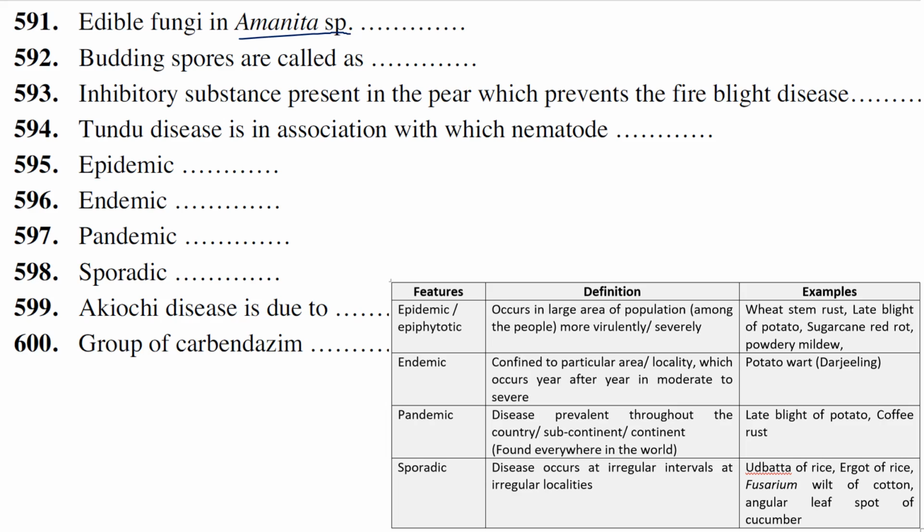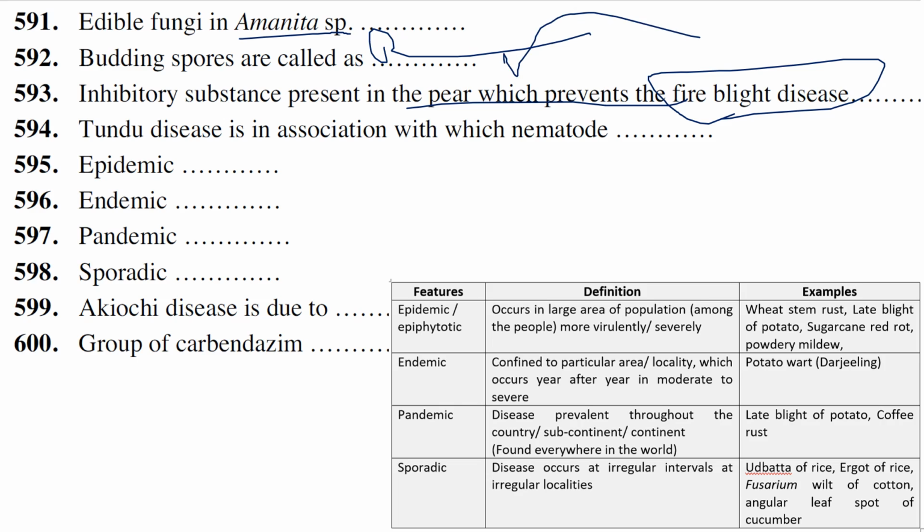Budding spores are known as blastospores. Inhibitory substance present in pear that prevents fire blight of apple: this is also a very tricky and important question. Due to the presence of malic acid, pear plant, leaves or fruit become resistant to fire blight. How is the resistance acting?